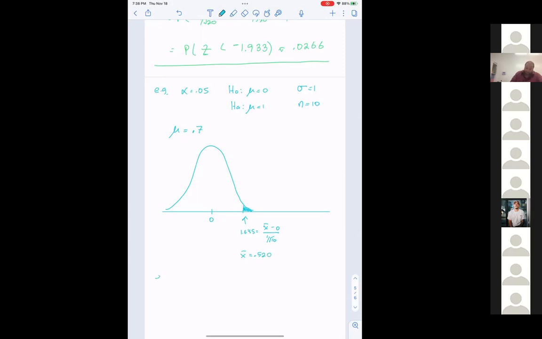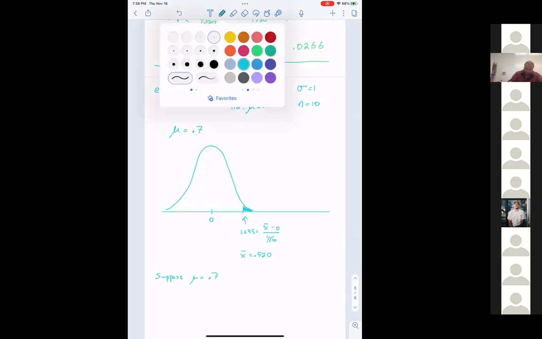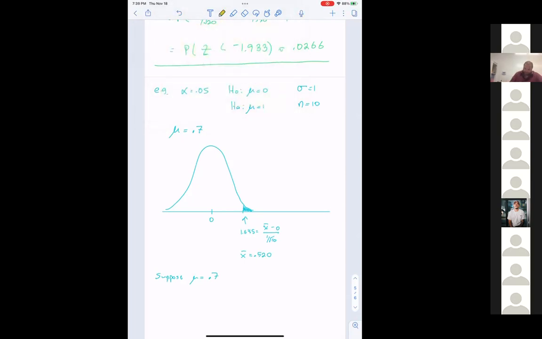And then suppose, in this case, that mu is equal to 0.7. I don't think I've ever used that color. So 0.1, 2, 3, 4, 5, 6, 7. If mu is equal to 0.7, then I have a curve that looks like this.